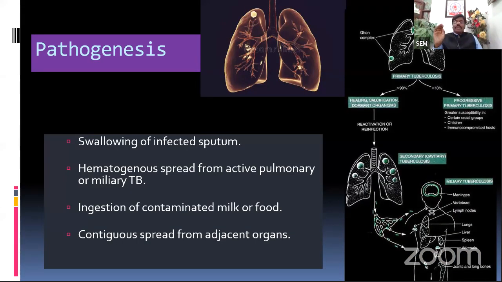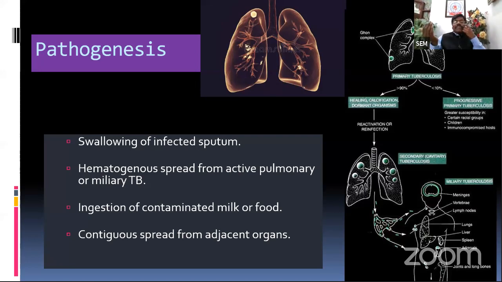Why do you get abdominal tuberculosis? I'm not going to tell it like an essay. I'm going to tell you just the minimum to understand, and from that you create your own short note. It is mainly the organism somehow entering the GIT, maybe because you have lung tuberculosis initially, and from there the sputum is swallowed with active bacilli, which multiply and cause disease.